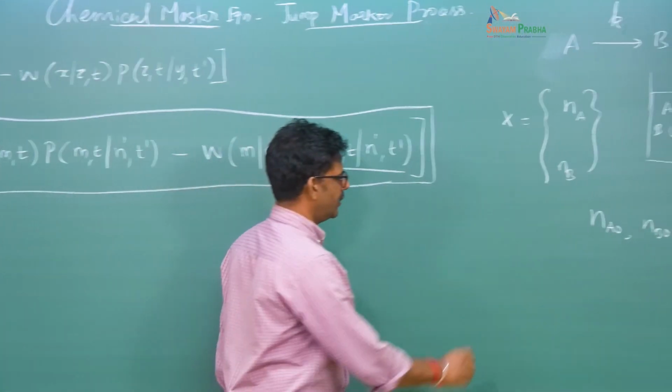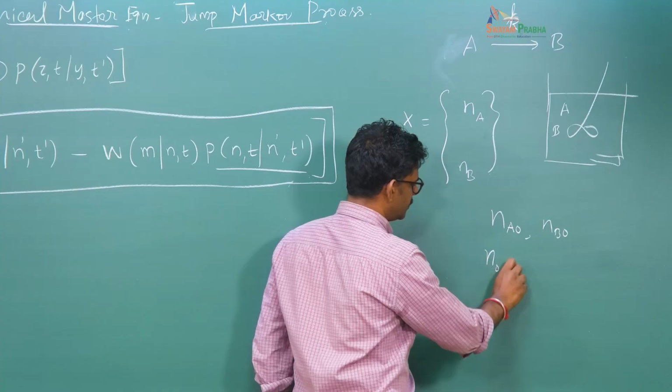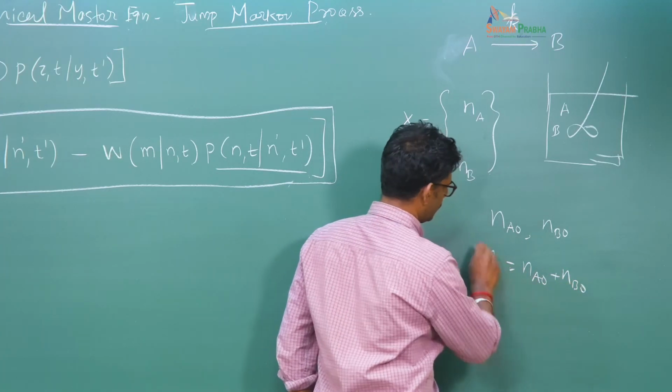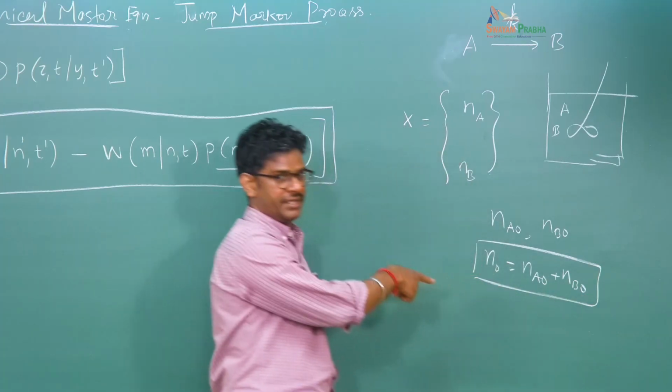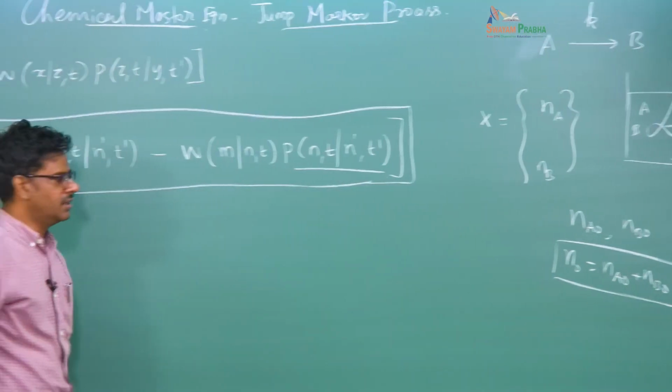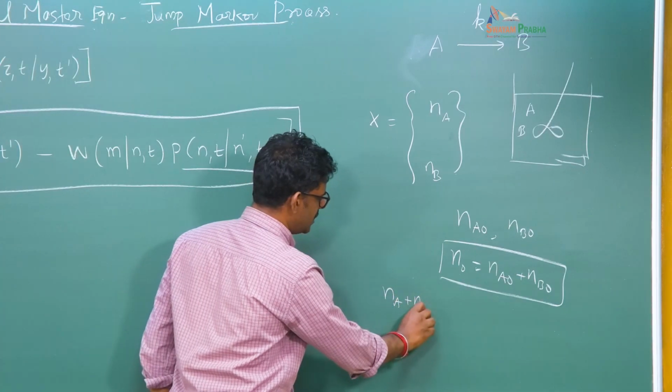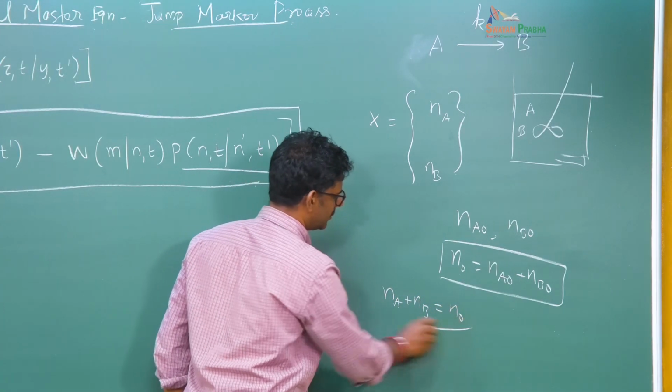So the total initial number of moles is N naught, and this is a conserved quantity in this case. This also means that Na plus Nb at any time should be equal to N naught.